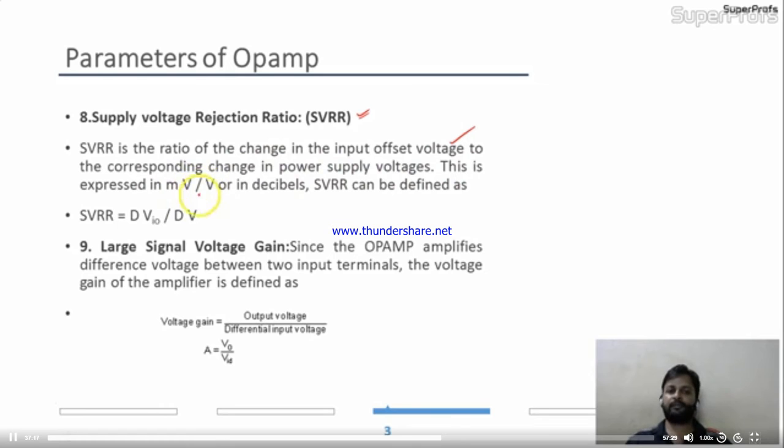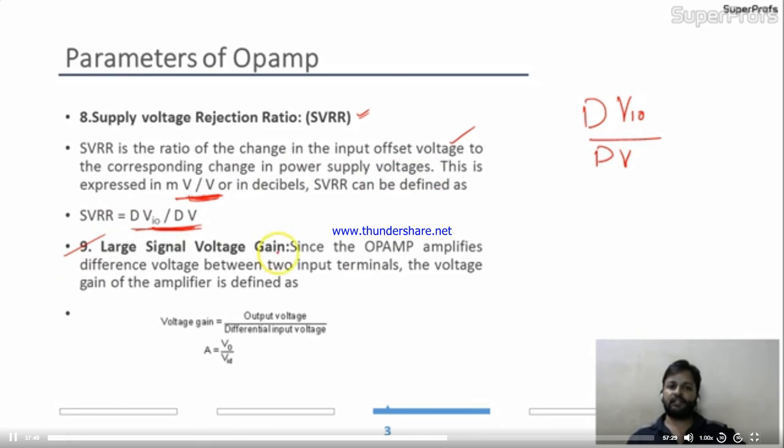This is expressed in millivolts per volt or in decibels. See, this is the ratio, right? In millivolts divided by volts we take this, or in decibels also we can convert. So SVRR can be defined as the difference in input offset voltage divided by dV, the corresponding change in the power supply voltage.